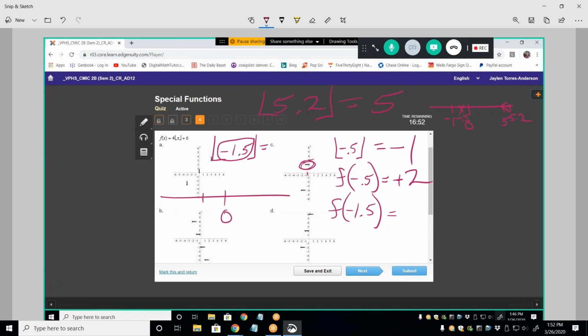There's -1, there's -2, there's -1.5. So start with -1.5 and go left until you find an integer. Yeah, it's -2. Which means that becomes -8 plus 6. So that whole thing is -2. So if we look at this graph, C, and we go to -1.5 right there, it says -4. That ain't right.